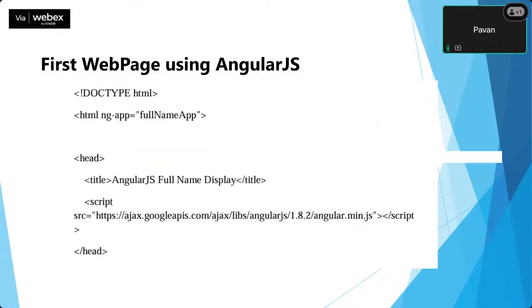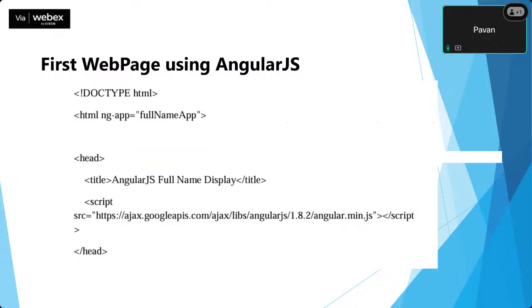What this means is, while we are creating a web page, the title tag content will be shown on the browser tab, so AngularJS Full Name Display will be written over there.